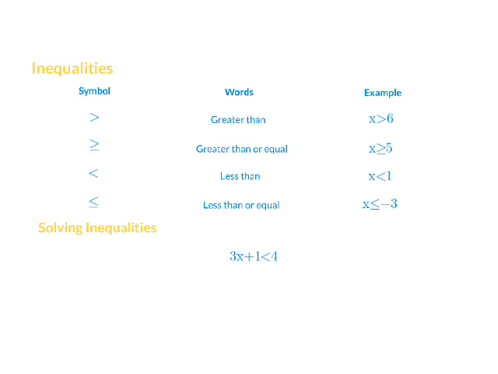So, I will subtract 1 from the left hand side and 1 from the right hand side. So, 1 cancels out with negative 1. I will get 3x less than 4 minus 1, which is equal to 3. Dividing the left hand side by 3 and the right hand side by 3, I will get x is less than 1.